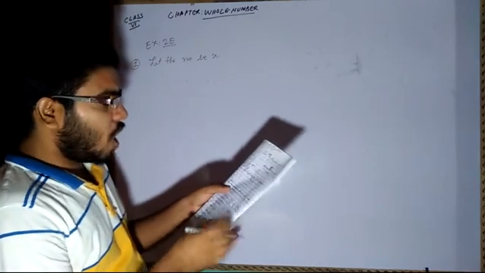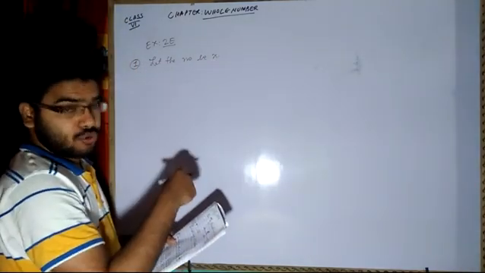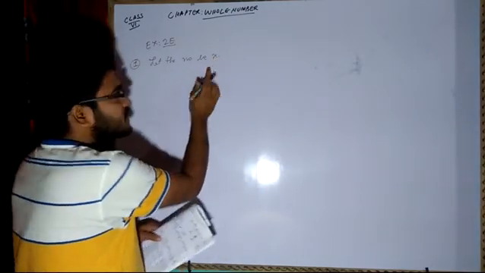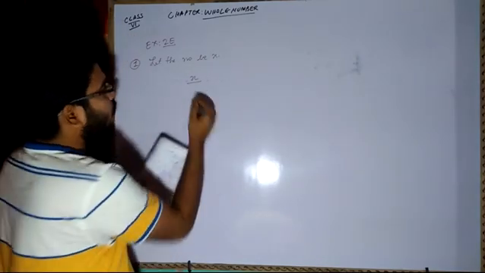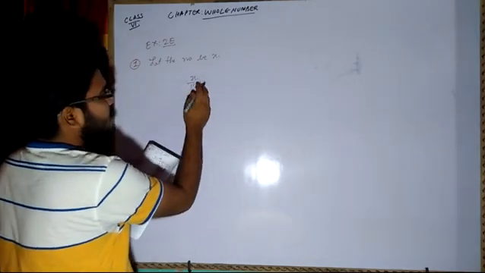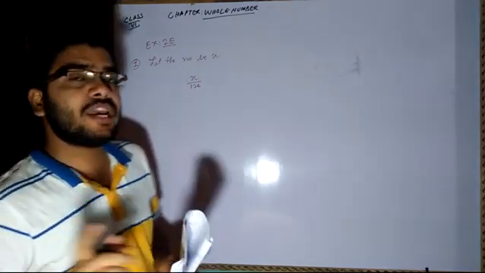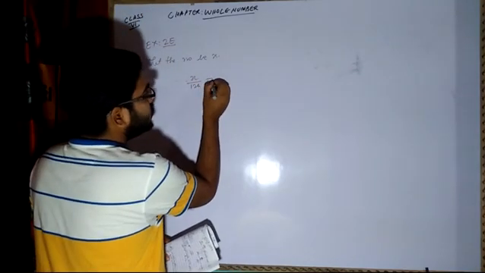Now the question says, on dividing a certain number, that means the number that we have all assumed here, is x. So when we divide this number by 126, it means x divided by 126, the quotient is. Whenever you see 'is' or 'gets' in a word problem, then you have to use equal to.